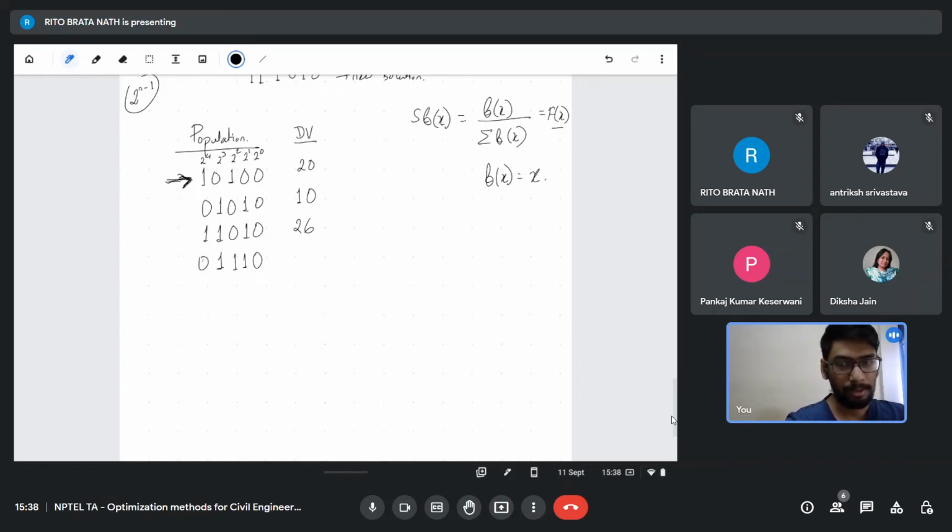And the last one, what is the decoded value of the last one? Let's see if you have understood or not, since you have already asked this. You can type it in the chat.